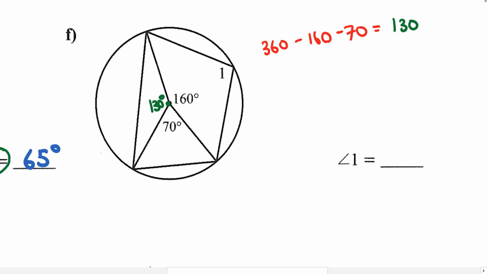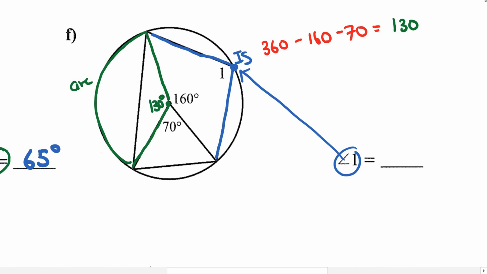Now this is a central angle, right? So if I follow its sides, it opens to this arc right here. And if I take a look at angle number 1, this is an inscribed angle, and if I follow its sides, it also... Okay, that didn't quite work.